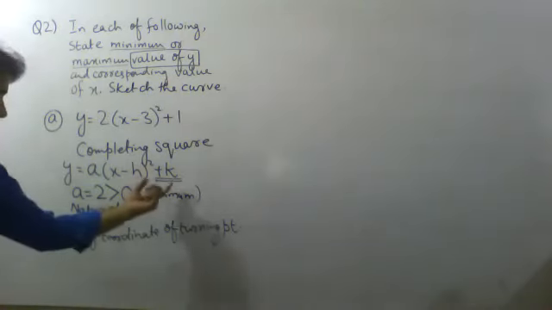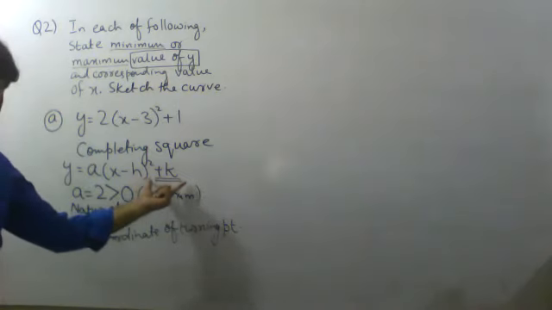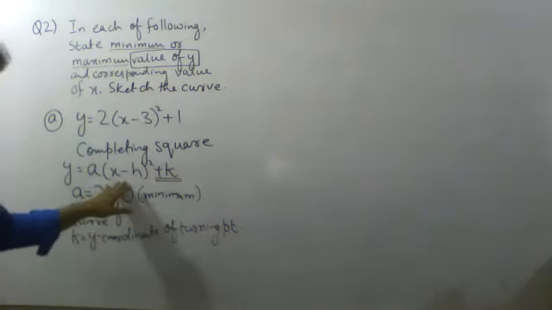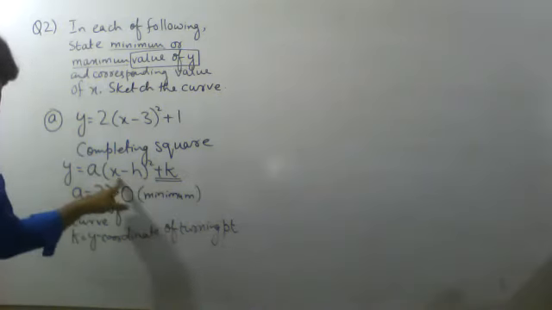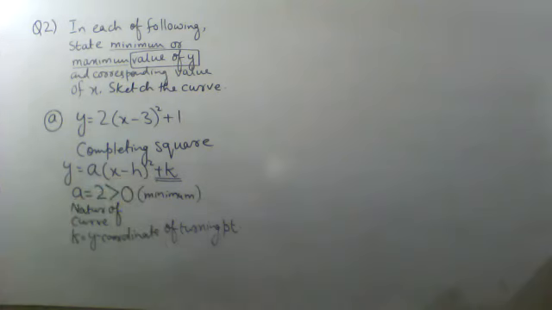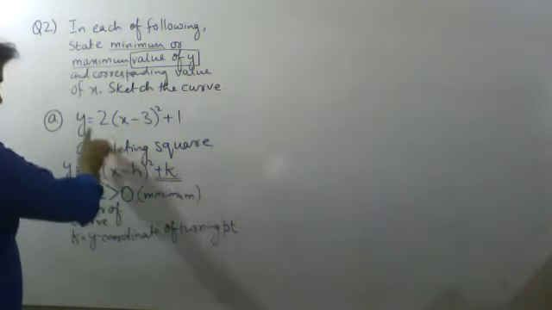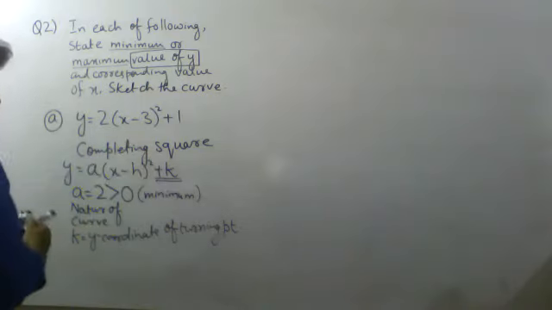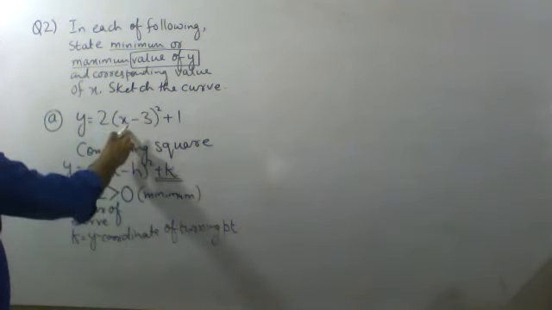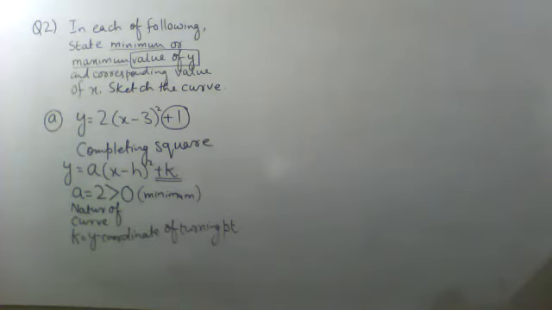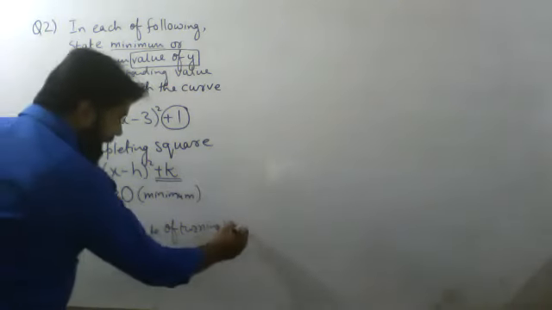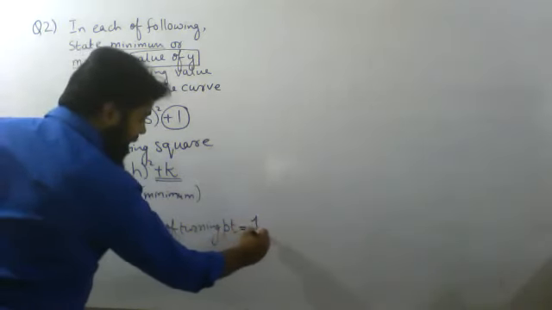You can see k is not being multiplied with this bracket. K will either be added to this bracket or subtracted from it. So I will compare it with the main equation. What is being added to this bracket? That is 1. So in this scenario, the value of k is 1.